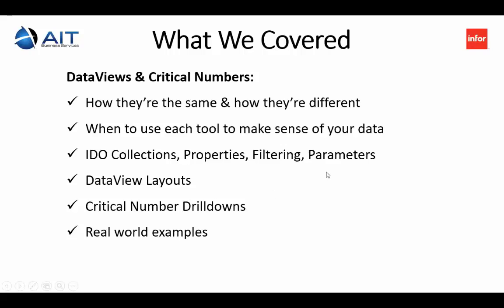We talked about the building blocks used to put them together. We went into a little bit more detail about data view layouts, which are the main way that users consume the data view tool. And we talked about critical number drill downs, which is sort of like a diagnostic tool for critical numbers that don't quite appear in the place that you want them to be. And we went over a few real world examples of actual things that you could use these data views and critical numbers to solve as problems.